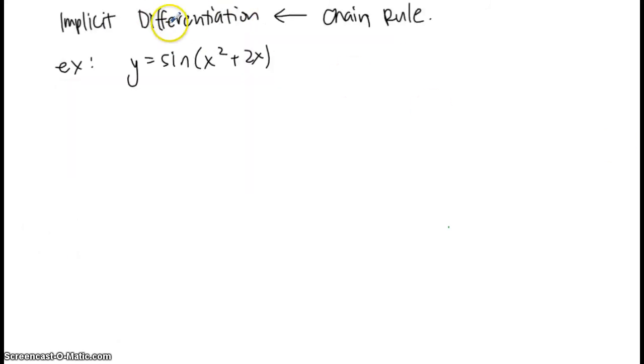Now, implicit differentiation basically comes from the chain rule. The chain rule states that if I want to find the derivative of this y with respect to x, I take the derivative of the outside function, so cosine, keep everything on the inside the same, and then multiply it by the derivative of this inside function, which is 2x plus 2, right?